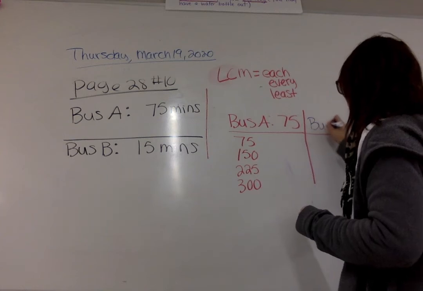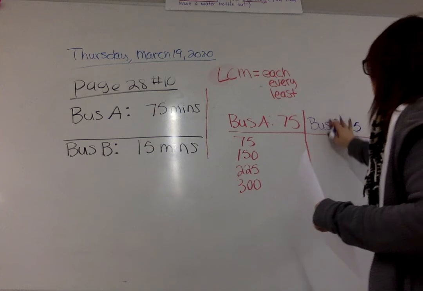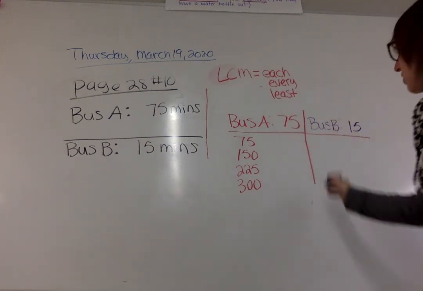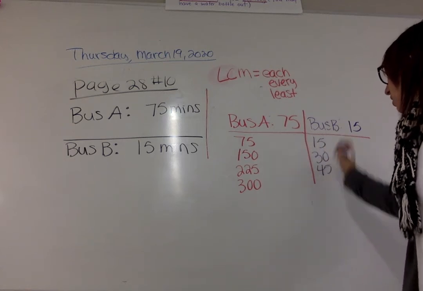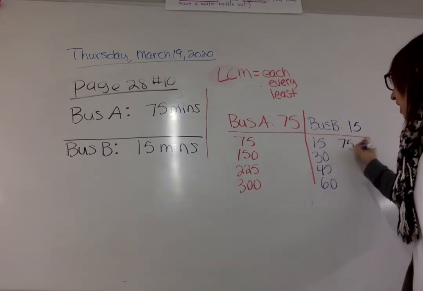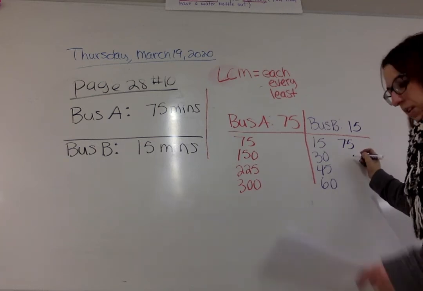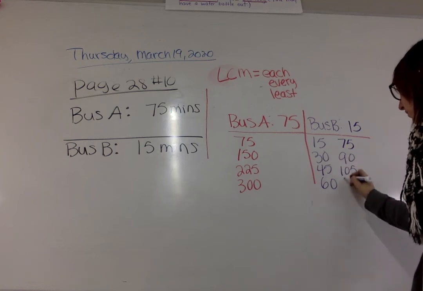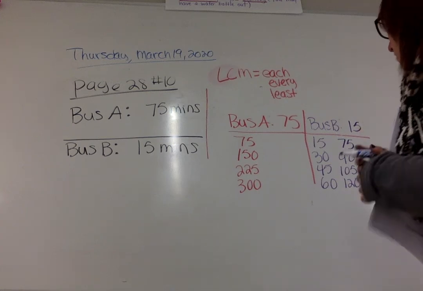Bus B was 15, so I am going to skip count by 15s. 15 times 1 is 15, times 2, 30, times 3, 45, times 4, 60, times 5, 75. The next one, if I add another 15, would be 90, another 15, 105, and another 15, 120. So now let's look at what we got.